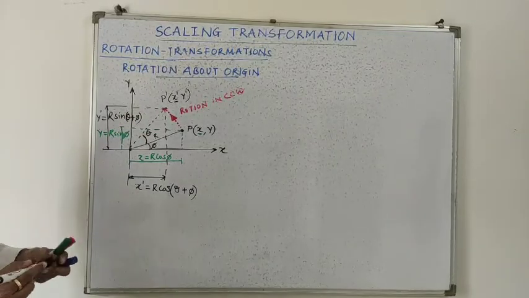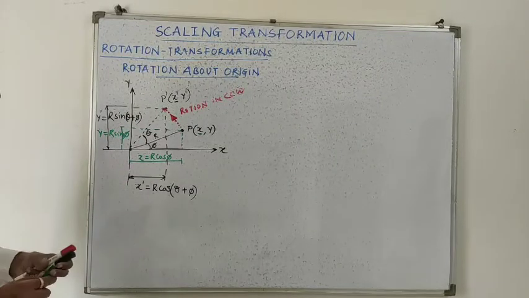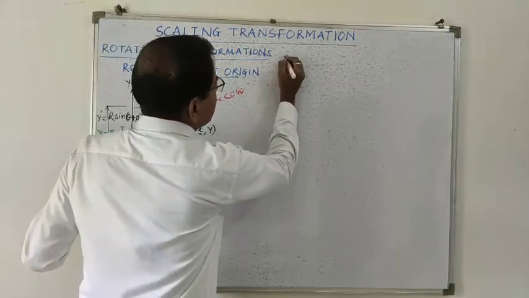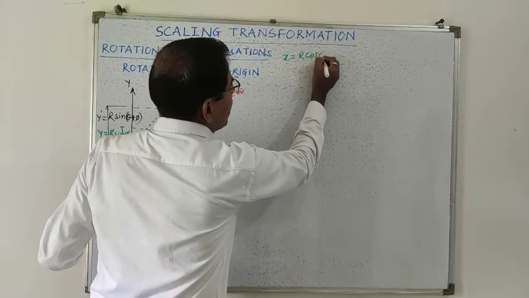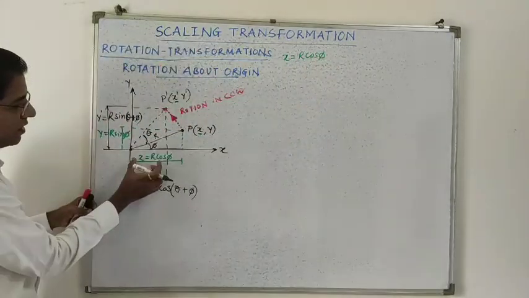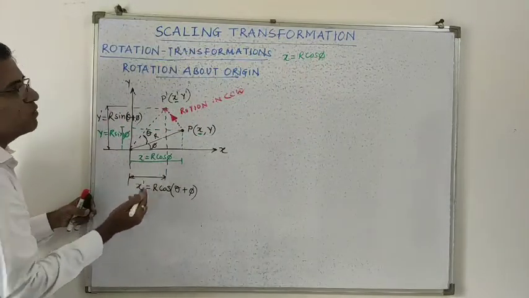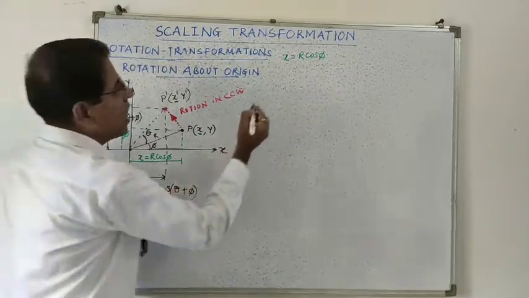Okay, so we'll write down the relation. What is x here? X is r cos phi. Y is r sin phi.